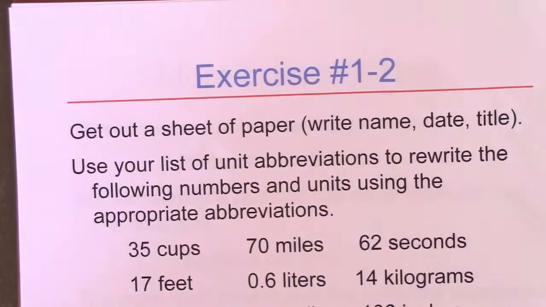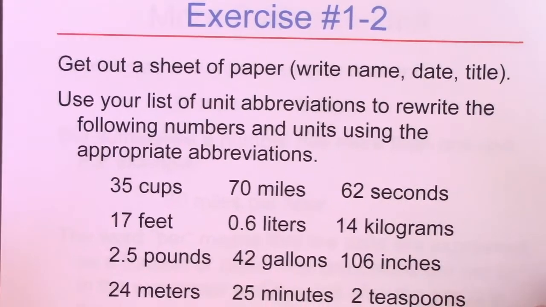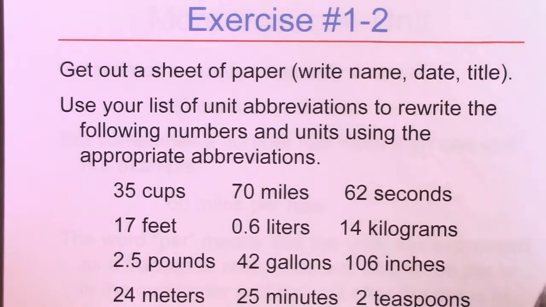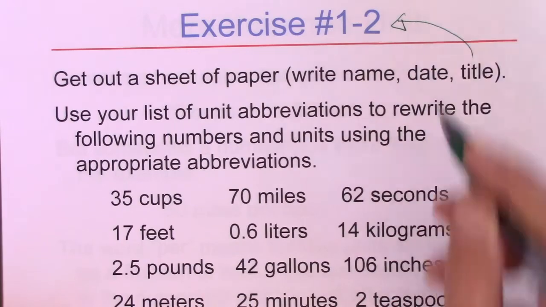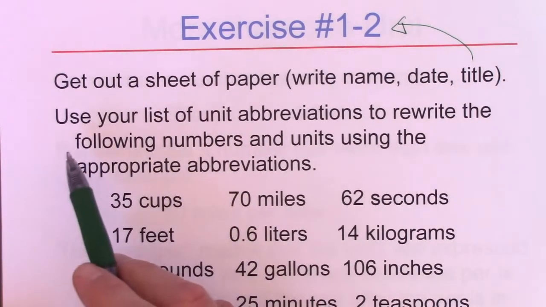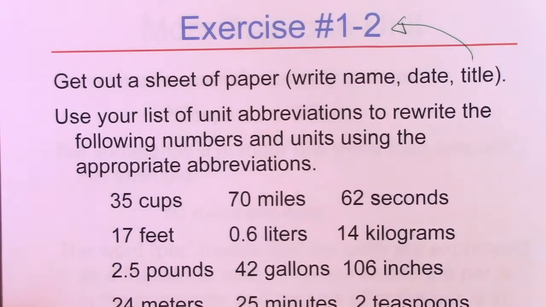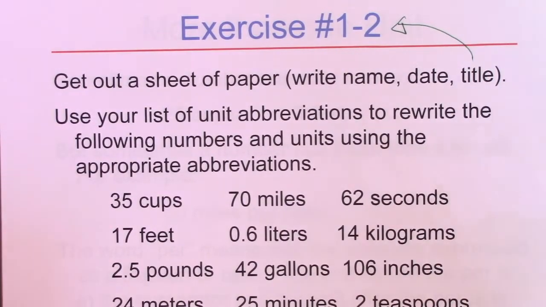So to practice using units, I'd like you to get out a fresh sheet of paper, write your name, date, and title on it. And for the title, I would like you to write example number 1-2. That's going to be your homework, or part of your homework. What you're going to do is use the list of abbreviations that you just created to rewrite the following numbers in units using the appropriate abbreviations.